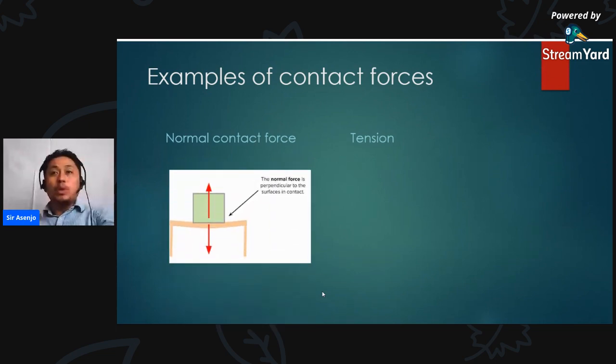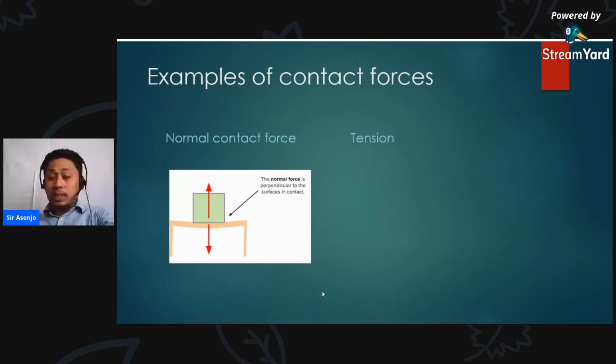Let's take normal contact force. A good example is a box put on top of a table. The box's weight pushes the table in a downward direction, and then of course the table also pushes in the opposite direction, upward. The normal force is perpendicular to the surface in contact.